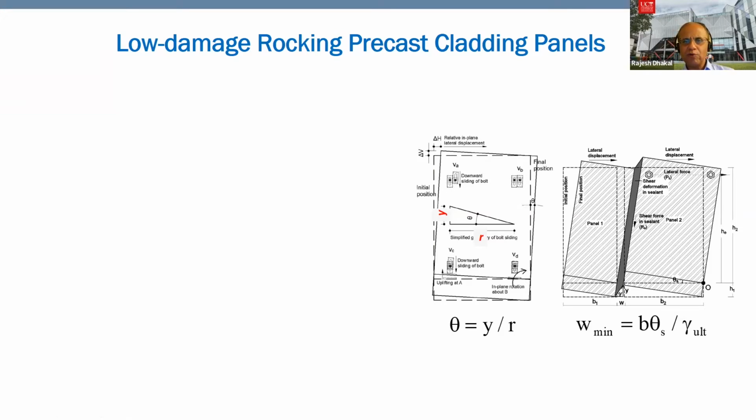So the idea is, if we allow rocking, we can control the amount of rocking displacement because just that simple equation, the drift that we want to accommodate can be simply related to the rocking allowance y, and r is the radius about which it rocks, right?